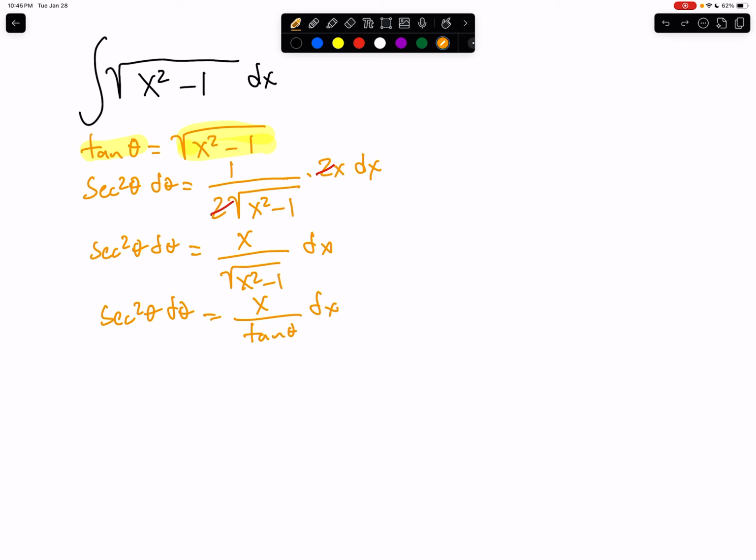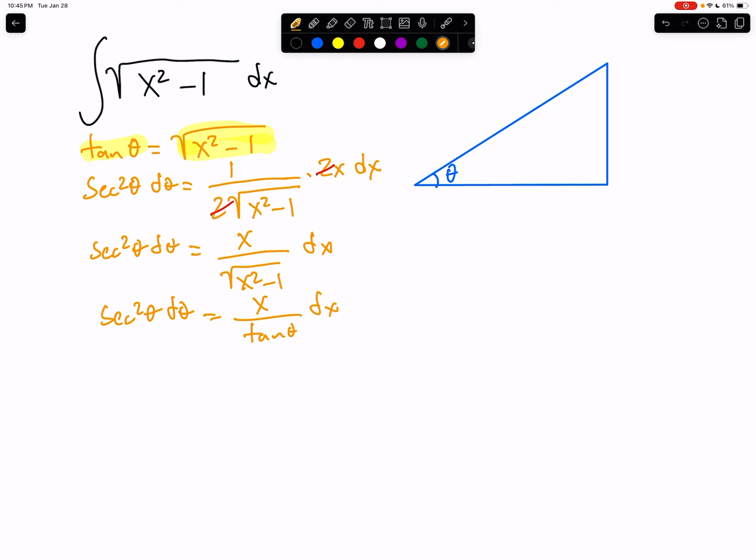And this is going to be even more foundational because now I'm going to bring in right triangle trig. You're probably wondering how that's going to help us. Well, you're going to see. We're going to get that x in terms of something in trig. So we have a theta here. Tangent of theta, we said, is the square root of x squared minus 1.